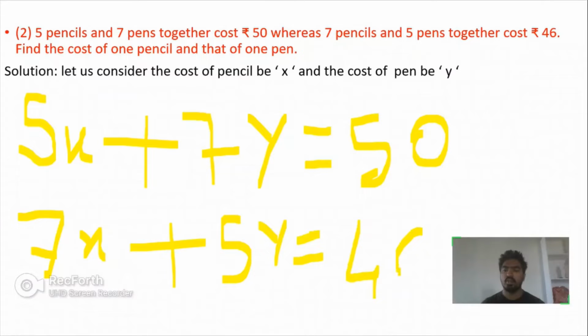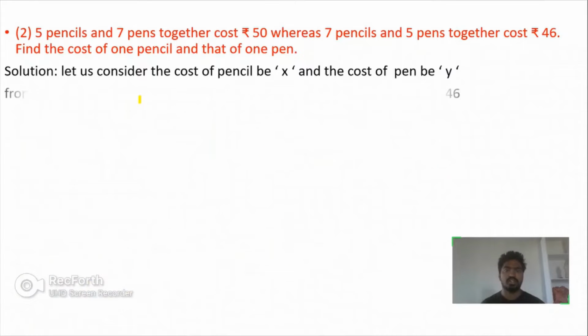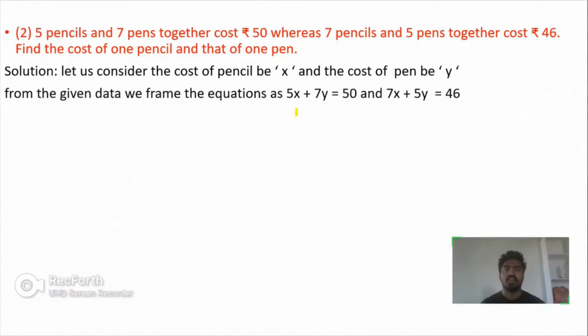So these are the two equations we framed by using the two given statements. Now we have to form a table and find points for each equation individually. Okay. So I am taking the first equation, that is 5x plus 7y is equal to 50.